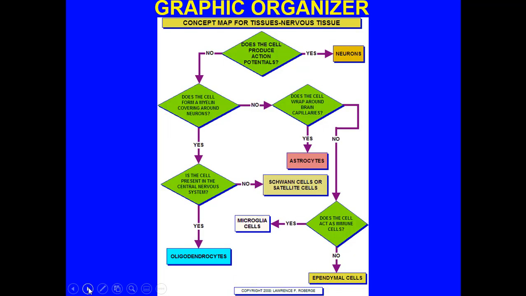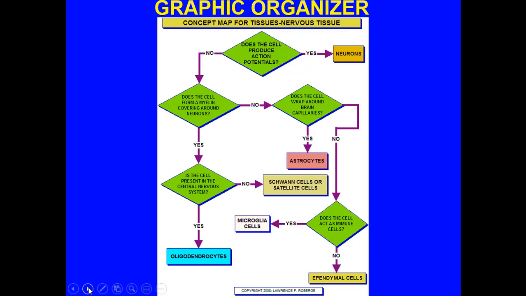Now this brings us back to the graphic organizer that I provided for you last time. Keep in mind that it's a really simple deal when you're dealing with nervous tissue. Question: does the cell produce action potentials? Yes, then it's a neuron. If it's no, then you start going through this yes-no process, this almost dichotomous key approach.